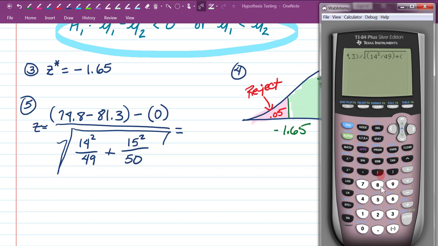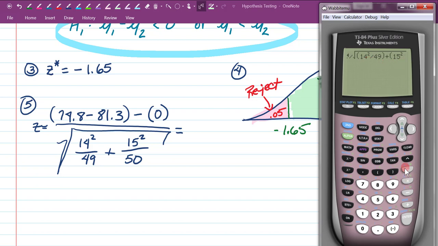I want to show you something else here, guys. If you use the raise to the power of 2 button, notice that my cursor is still up high, so I have to hit this button to bring it back down. If I use just the square button right here, I don't have to do that, okay?